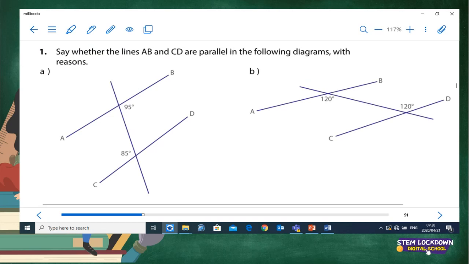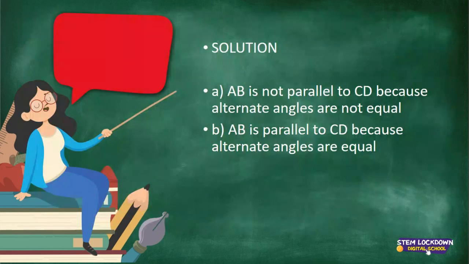So AB is parallel to CD. In the first solution, we said correctly that AB is not parallel to CD because the alternate angles are not equal. And in the second solution, B, AB is parallel to CD because alternate angles are equal.